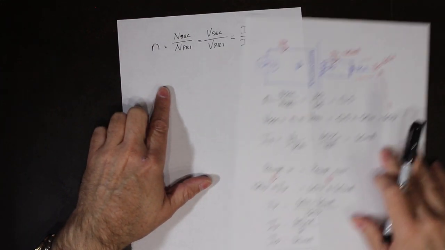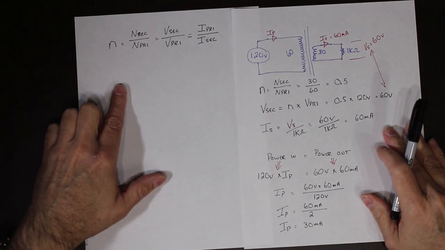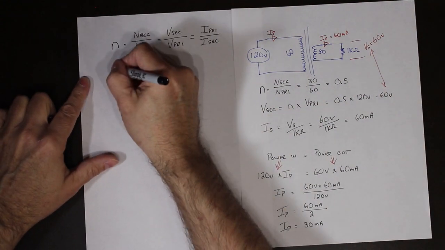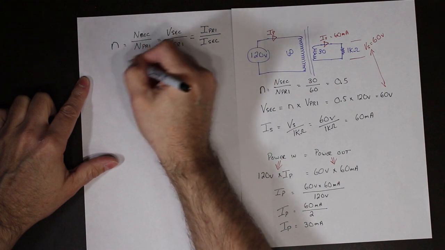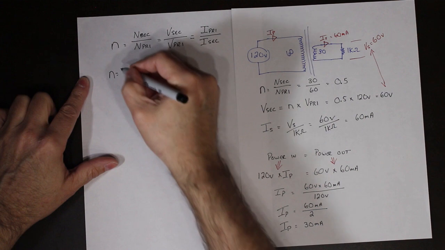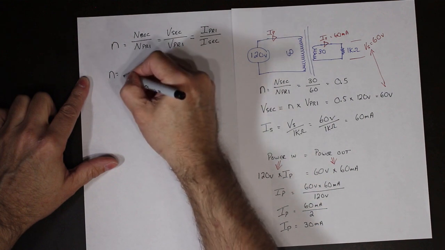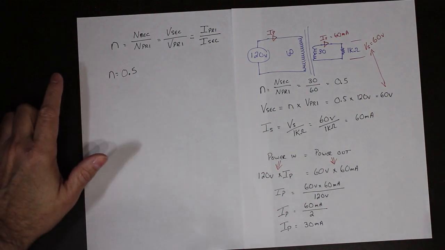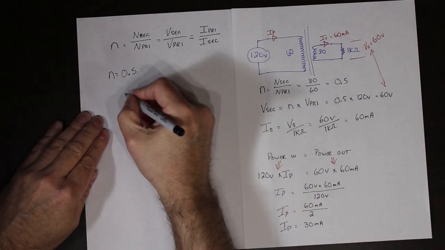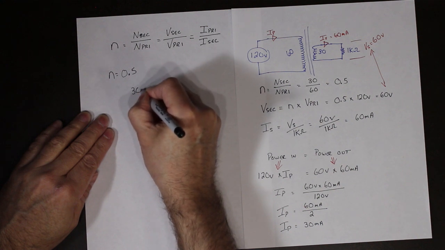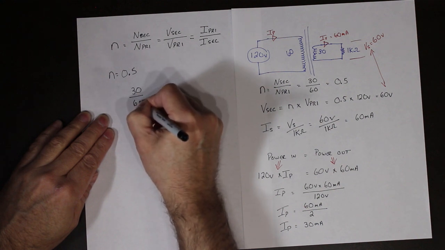If I go back to this example and keep everything right there, we figured out N itself is 0.5. How did we figure it out? Well, we did 30 divided by 60.